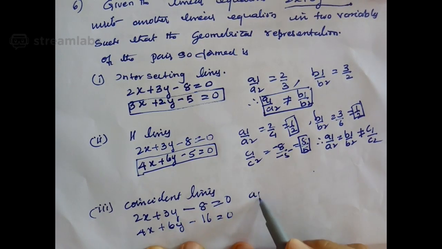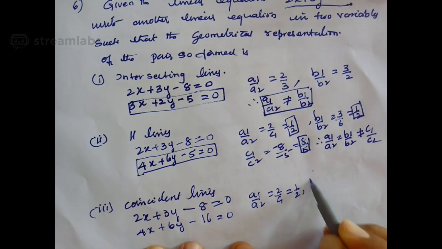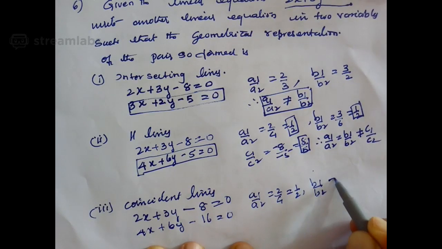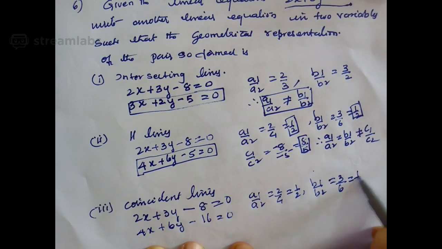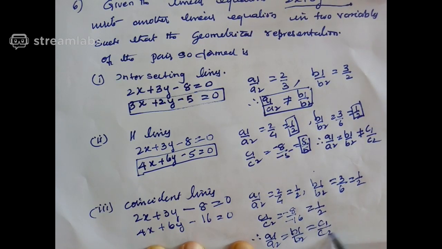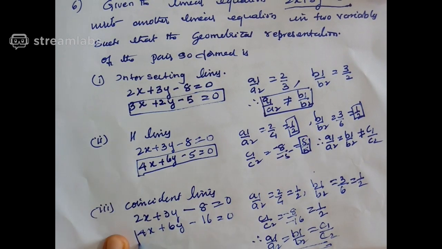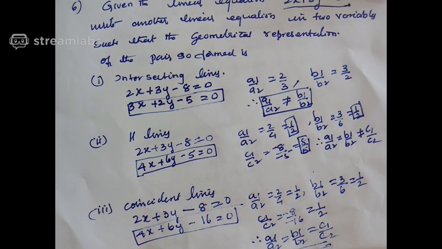That is a1 by a2 is 2 by 4, half, b1 by b2 is 3 by 6, also half, and c1 by c2 is minus 8 by minus 16, also half. Therefore a1 by a2 is equal to b1 by b2 is equal to c1 by c2. So the second equation is 4x plus 6y minus 16 is equal to 0.